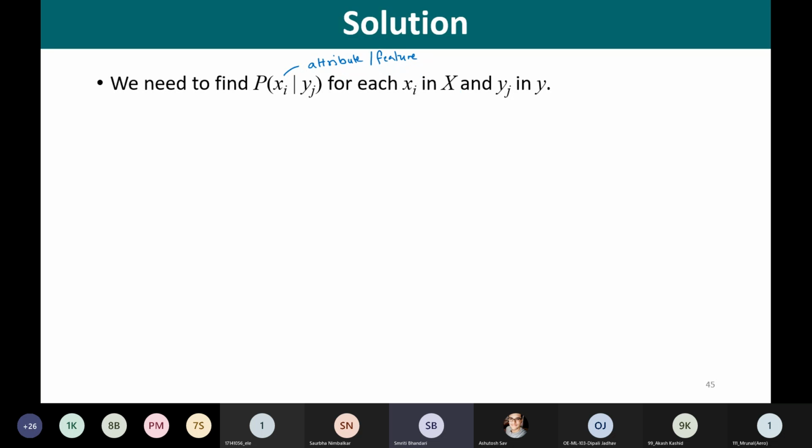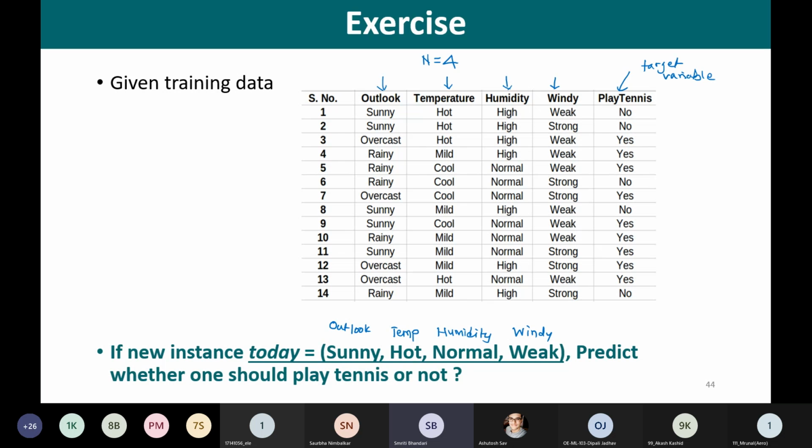So for every feature, we need to compute the conditional probability of xi given the label yj. Right? So let us look at one example here. The first instance in the table, first instance in our given training data set. So what is the first instance? This row, where we are having outlook equal to sunny, temperature equal to hot, humidity is high and windy is weak.